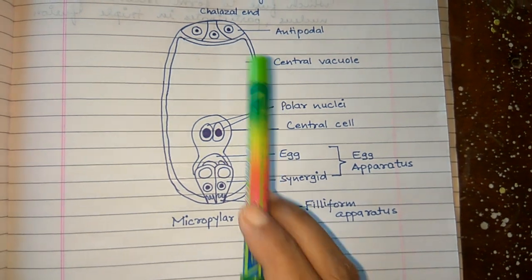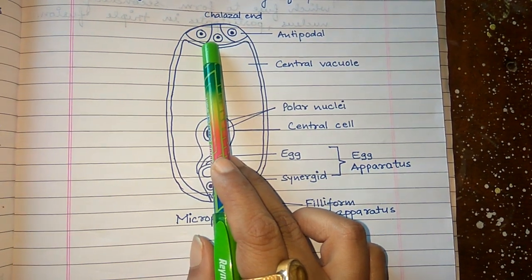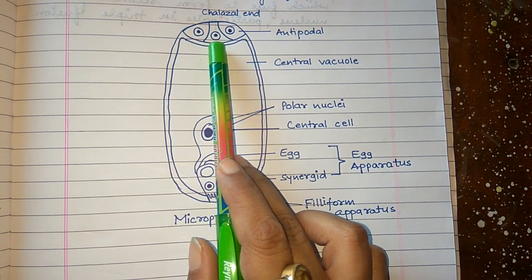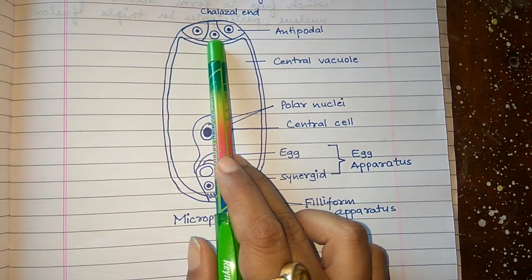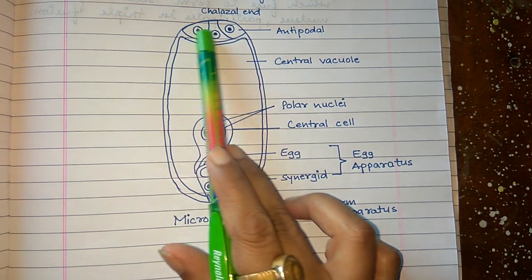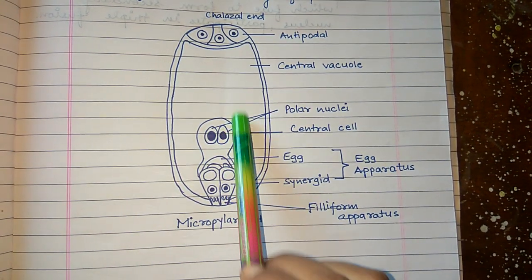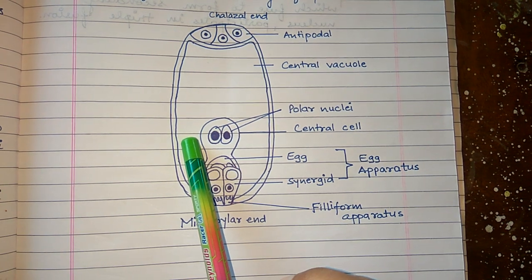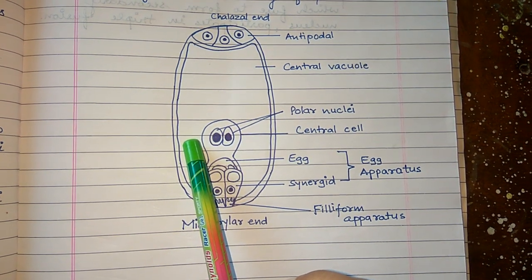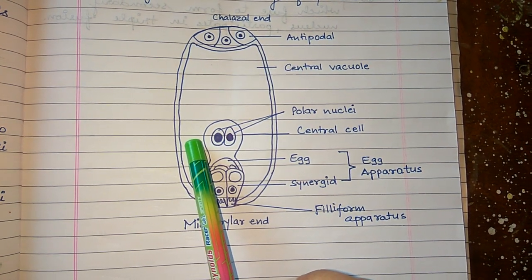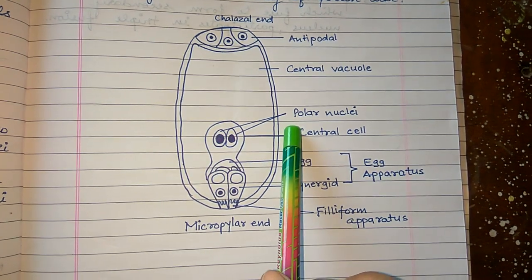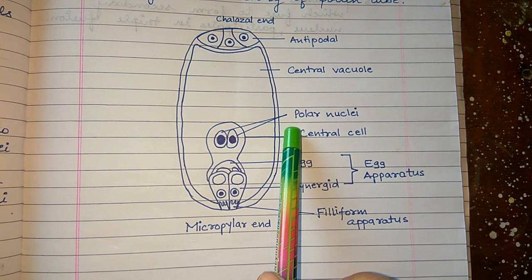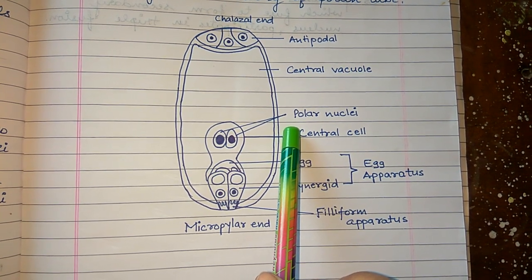Now, these antipodals help in the attachment with the embryo sac, and this whole structure will help in the fusion to form the secondary nucleus, which participates in triple fusion.